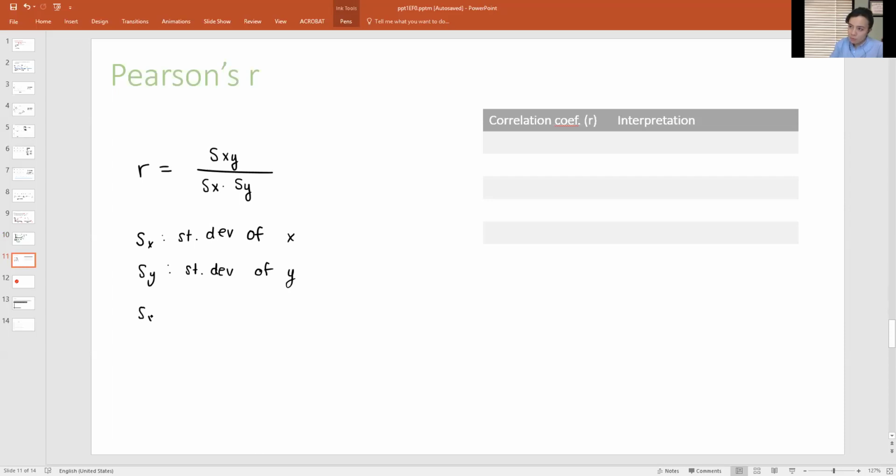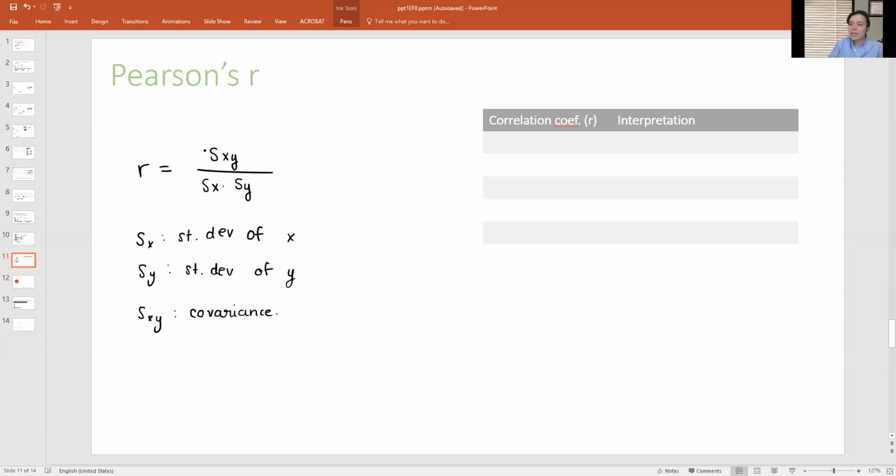And Sxy is something that we call the covariance. The covariance, we don't really use it that frequently. It's a tool that is used in advanced statistics and so on, but here we don't really use it that much.